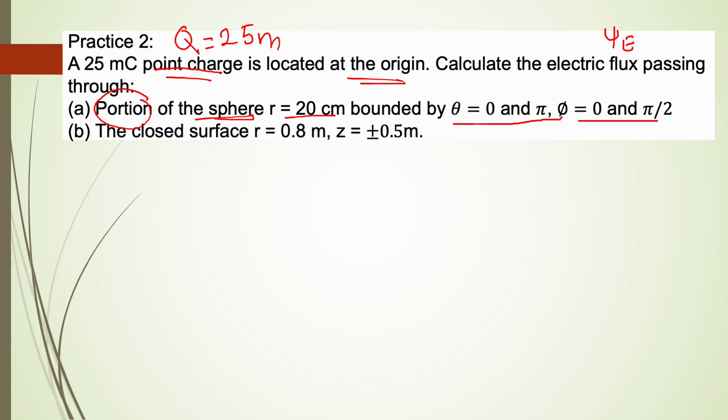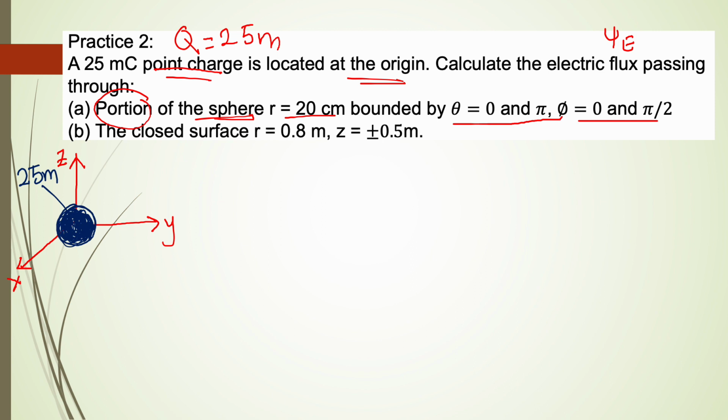If you draw the axes, this is our x, this is our z, and this will be our y axis, and we have a point charge here. The total Q of this point charge is given as 25 milli.